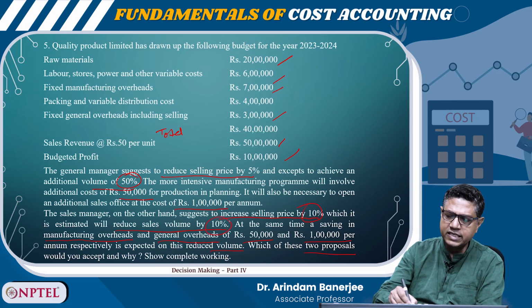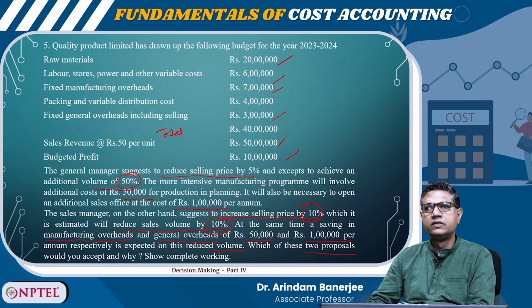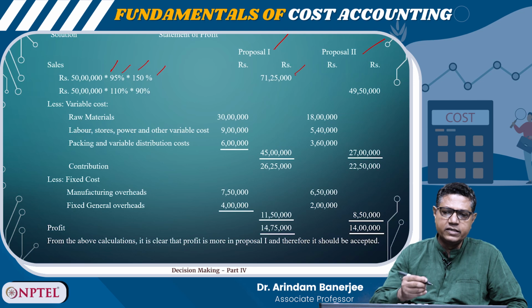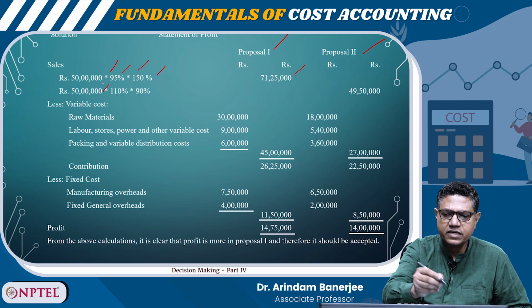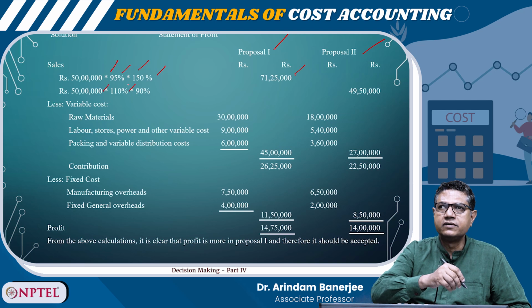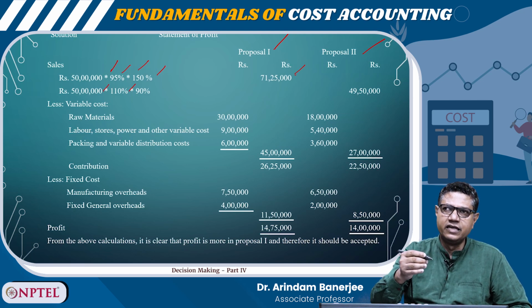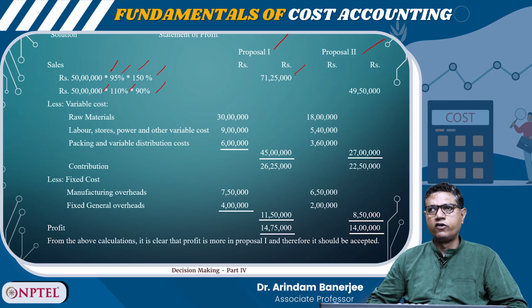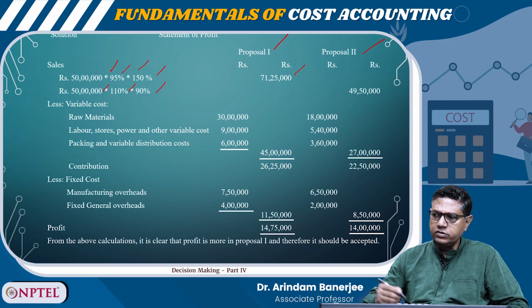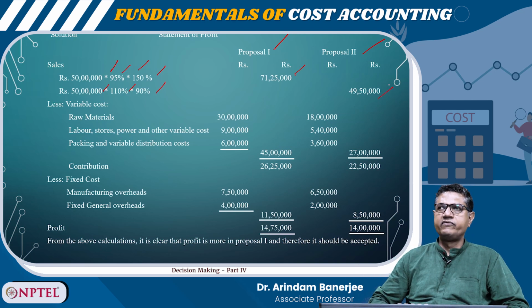Because the sales price is increasing, the sales volume is expected to reduce, but at the same time it is going to save cost. We will come to that later on. So, 50 lakh into 110%, a 10% increase in selling price, and into 90%, because of a 10% reduction in sales volume, comes to 49 lakh 50,000.